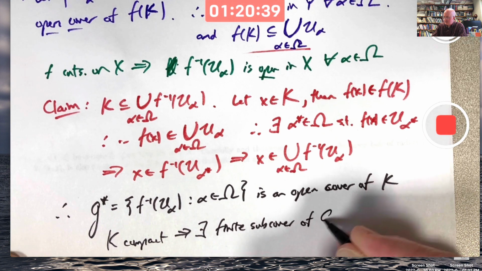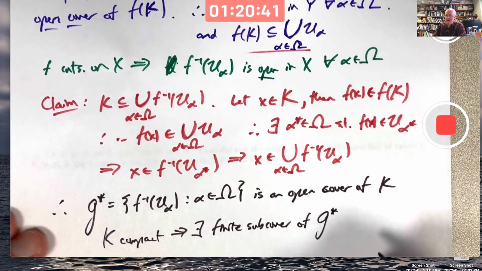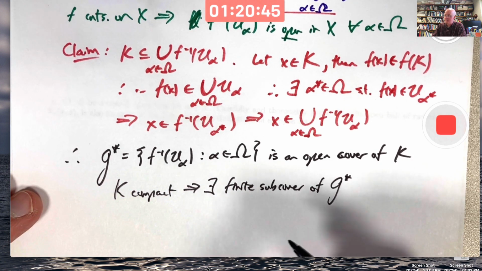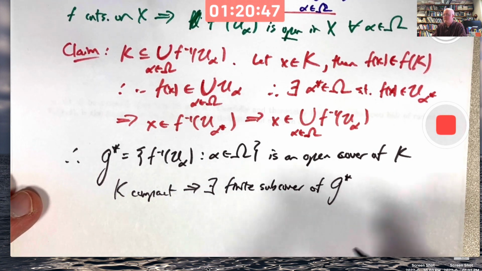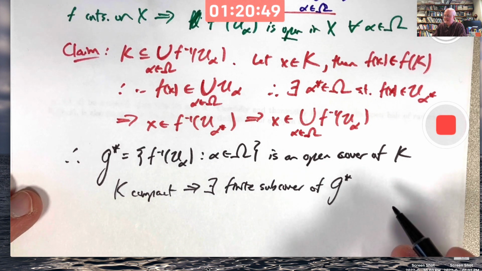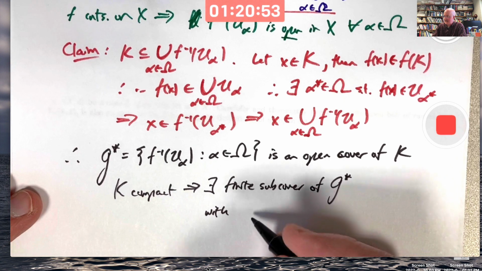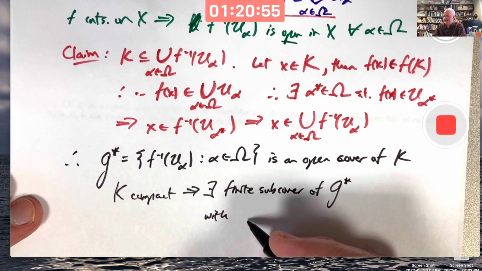of G star. I could label the sets in the final subcover: the preimage of U sub alpha 1, preimage of U sub alpha 2, etc., that are all open sets, and K is contained in their union.